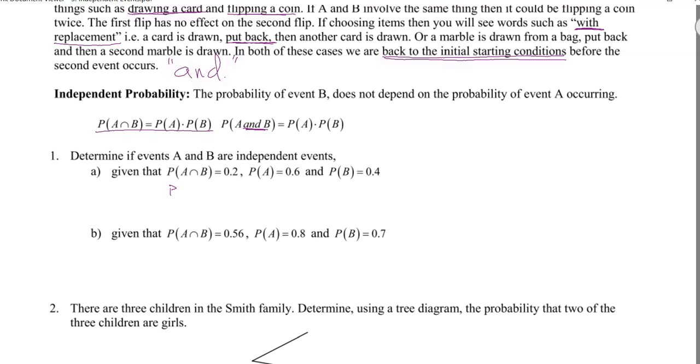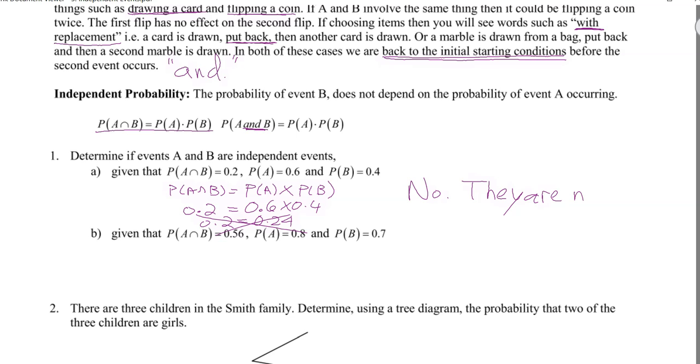So they are independent if the probability of A and B is equal to the probability of A times the probability of B. So that would mean 0.2 is equal to 0.6 times 0.4, which would mean 0.2 is equal to 0.24, which it isn't, so no. So all we can say is they are not independent. Okay? We can't say anything else. We can't say they are dependent. We can just say they are not independent.